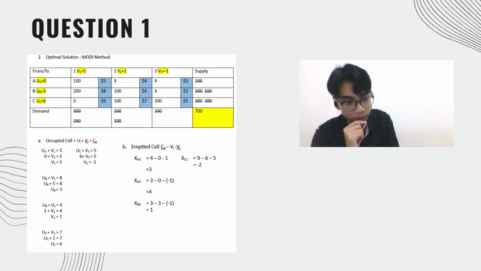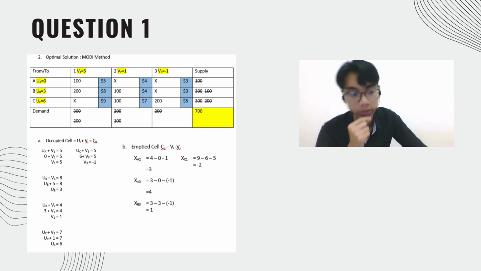UB plus V2 equals 4. Substituting the UB value, we got 3 plus V2 equals 4. So 3 is transferred to the right hand side, and V2 equals 4 subtract 3 equals 1. So V2 equals 1.